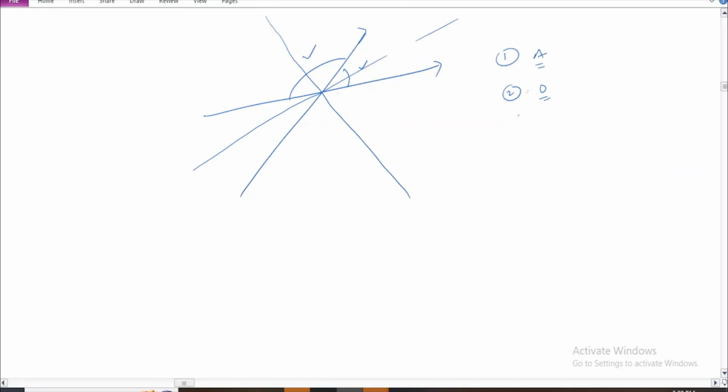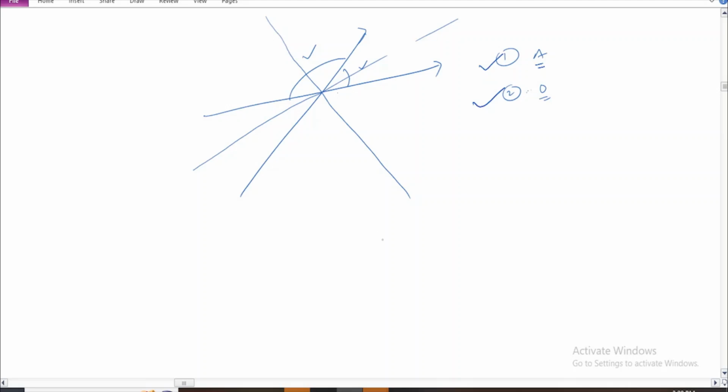Which one is the acute angle and which one is obtuse? We can't say by seeing the lines, right? So the next step is: what is the equation of the line bisecting the acute and obtuse angles, right?